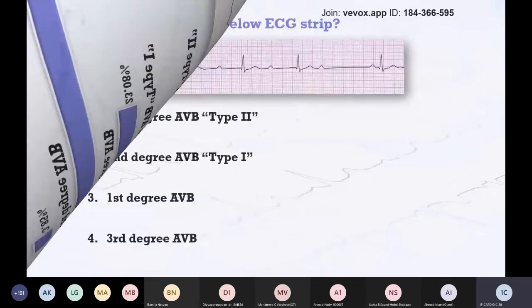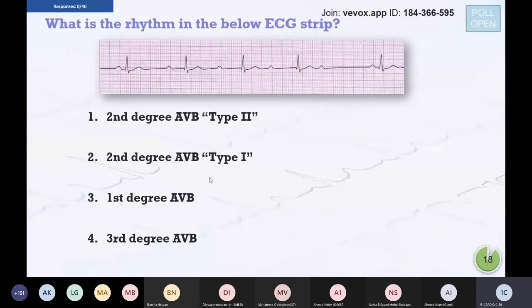So this is the last one. I think this should be the easiest one. Do we have a first degree, or do we have a skipped QRS here? A P wave without QRS, so never say first degree. Never say third degree.